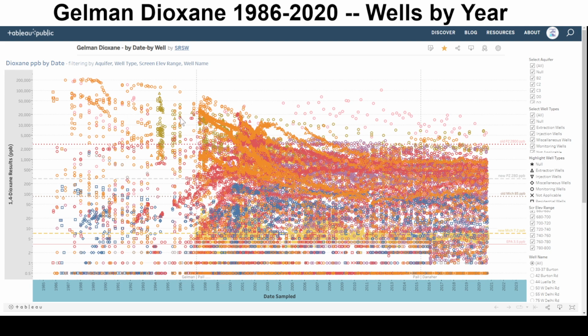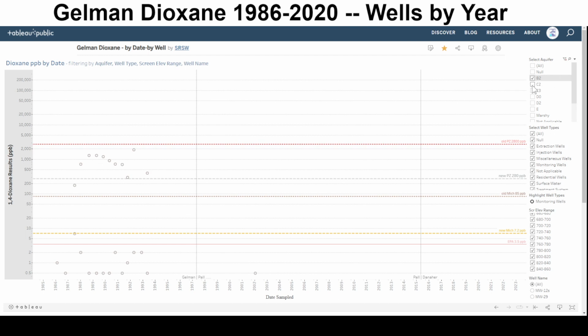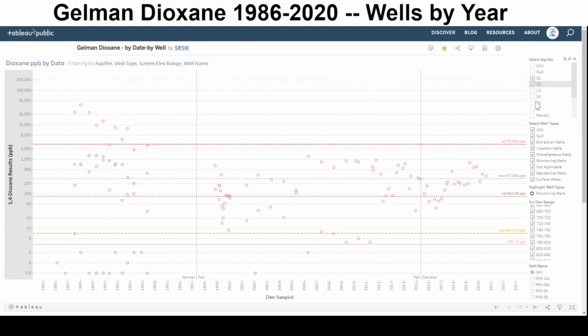So you can see that there are some trends in here, and we can turn on and off certain aquifers. So if we turn them all off and then just turn on, let's say, the shallow aquifers, starting with the B2, which didn't get sampled for very long, and the C2, both shallow aquifers. Here's one here that's MW25. This is right on the Gelman site in their parcel.